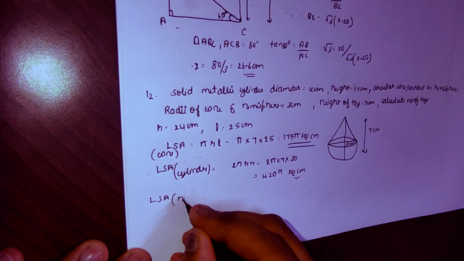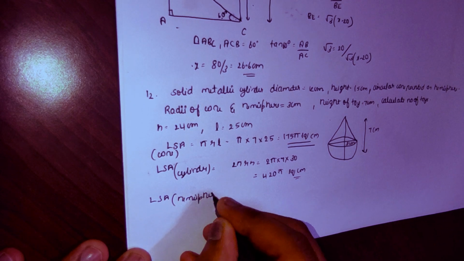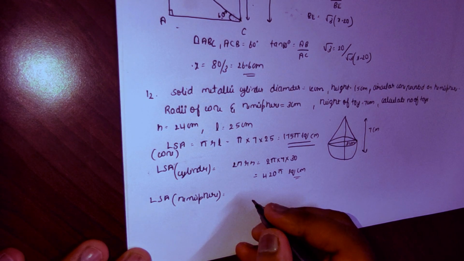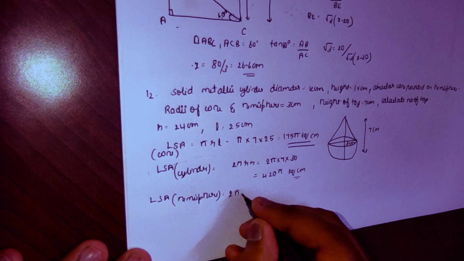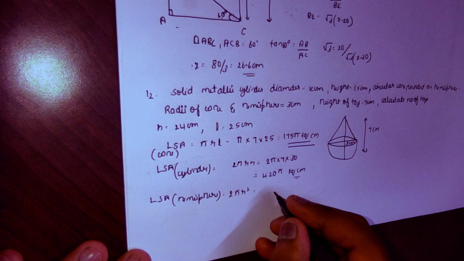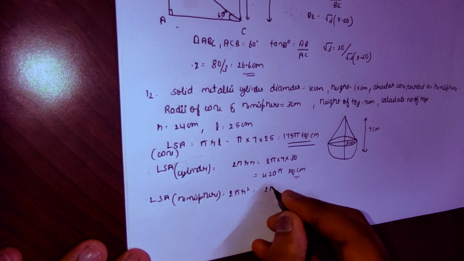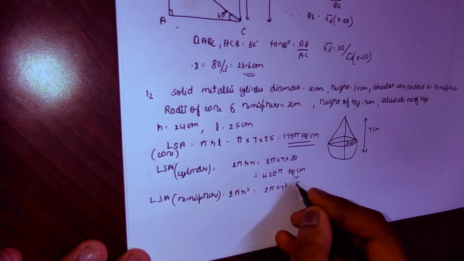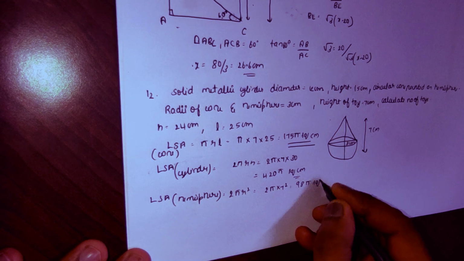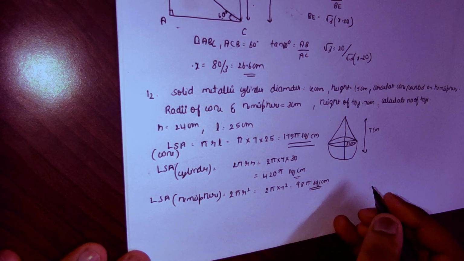Lateral surface area of the hemisphere is 2 pi r square. We know the value of r, that is 7. It becomes 2 pi into 7 square, that is 98 pi square centimeter.